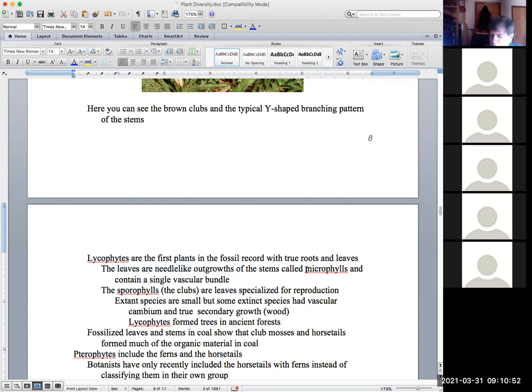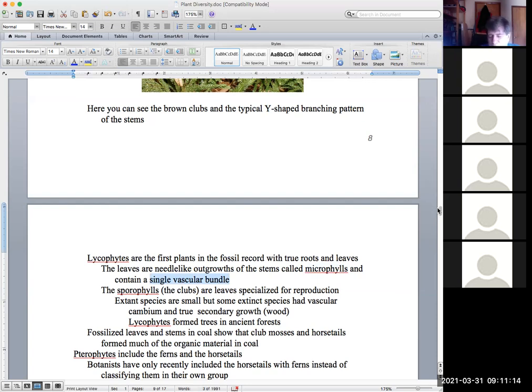The leaves are called microphylls. Now we said phyte means plant, phyll means leaf. Think of chlorophyll, that's green leaf, literally. And these contain one vascular bundle. The leaves are very small.